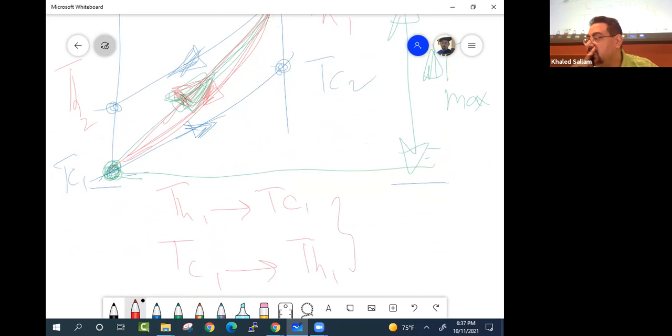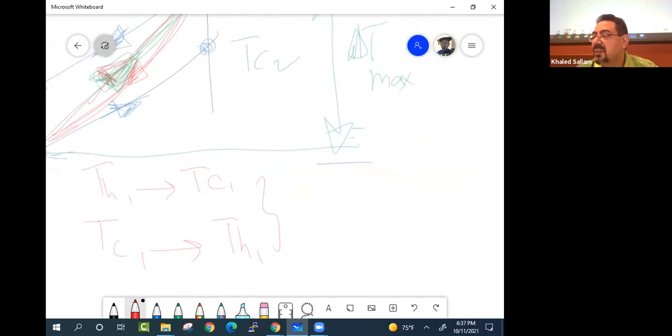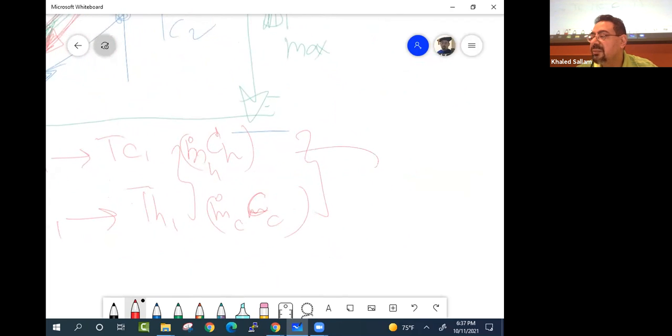In both scenarios, you will have delta T max. But which one will do it? Will the hot, M dot hot, C hot, do this, or will the cold, M dot cold, C cold, do this? And it turned out that the one with the minimum M dot CP is the one that will be able to achieve this, because the other one can supply that for him.